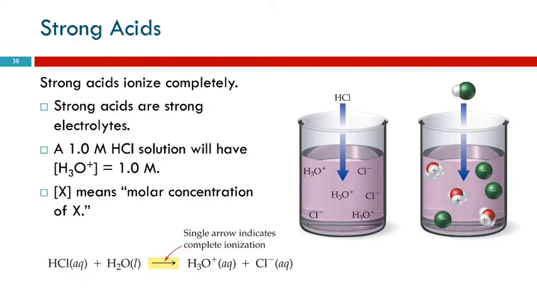H3O+ is formed and chloride. Any questions? Because all of the HCl reacts, whatever the concentration of this was that we added, that's the concentration of the hydronium ion that we're going to get.